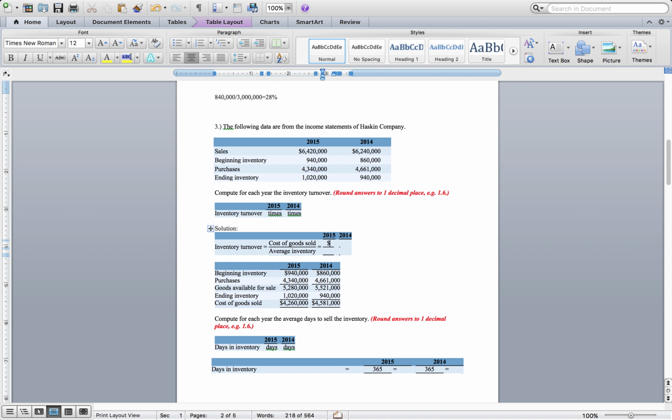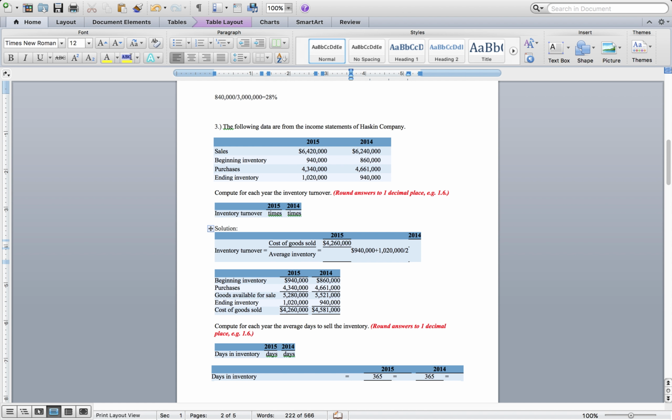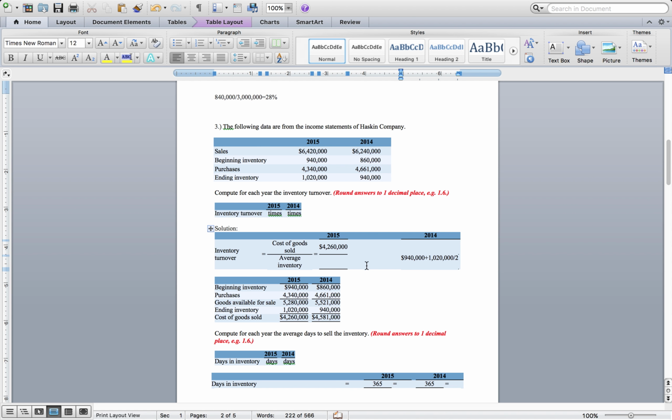It's going to be $4,260,000. Now remember, we have to divide by the average inventory, which is beginning plus ending divided by 2. So take the $940,000 beginning, add the $1,020,000, and divide by 2.